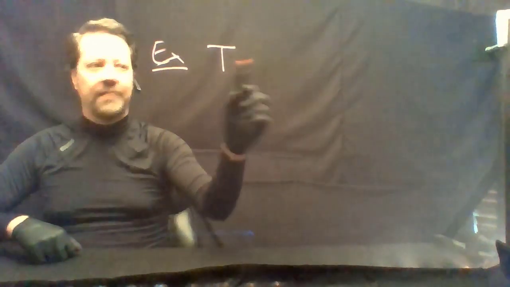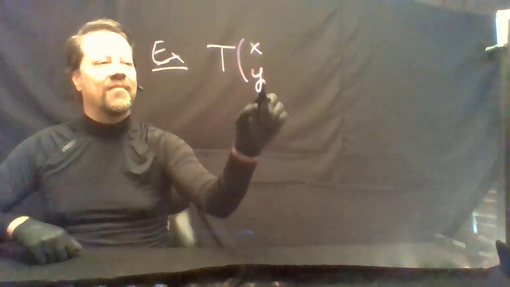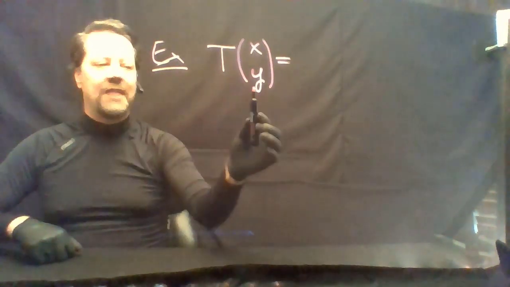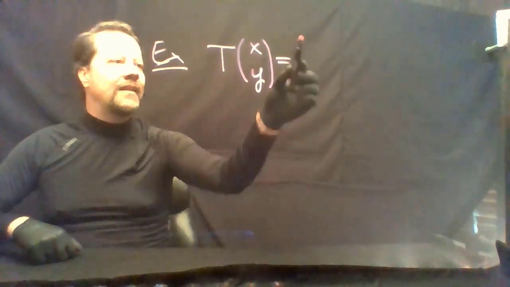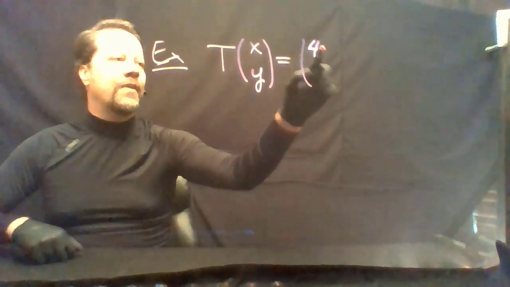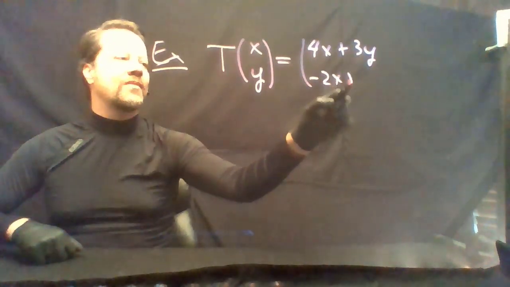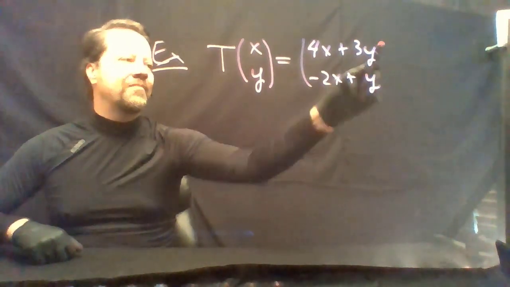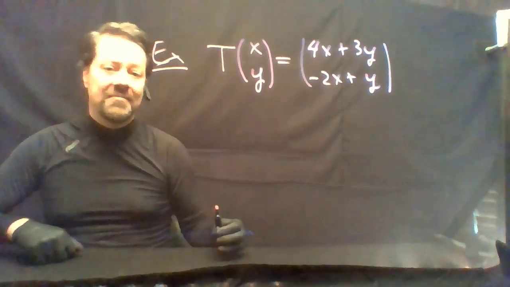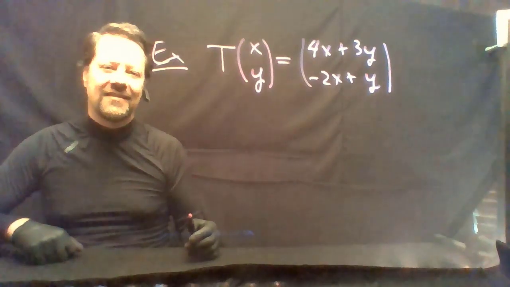As an example, suppose I have a function. I'm not assuming that this is a linear transformation to begin with. And it inputs elements in R2, and it outputs things like, let's say, 4x plus 3y, minus 2x plus y. I ask, is this a linear transformation?